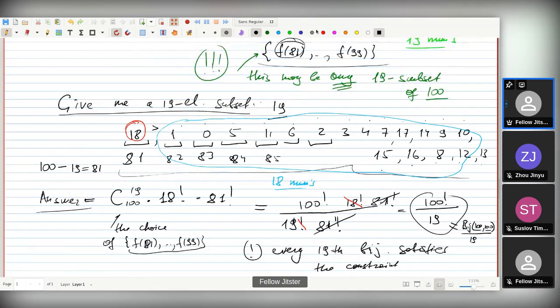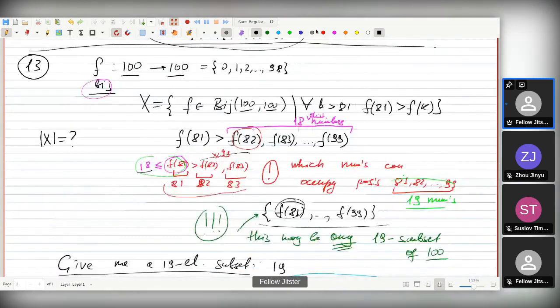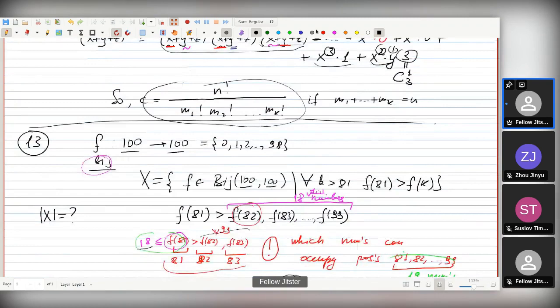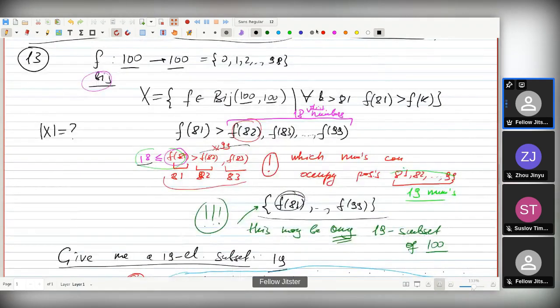How can we explain it intuitively? Let us consider, say, a random bijection, whatever it may mean. Look, what are the chances that f of 81 will be greater than all the subsequent numbers? 1 out of 19.